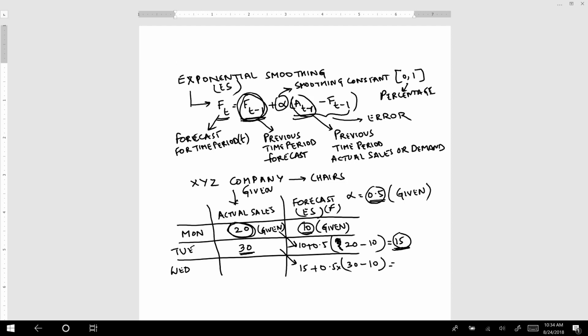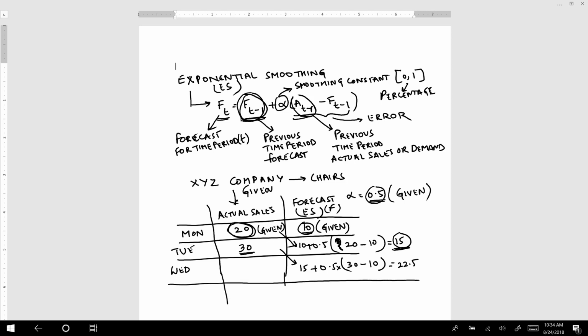So remember, always use the previous time period's actual values and forecasts. Don't use the current time period's even though the data is available. To forecast tomorrow, we rely on today's data. That is the important thing which you need to understand. This value is going to be, if you calculate this, 22.5.